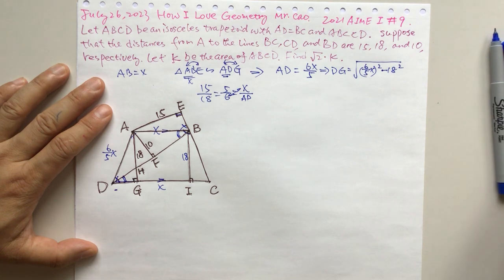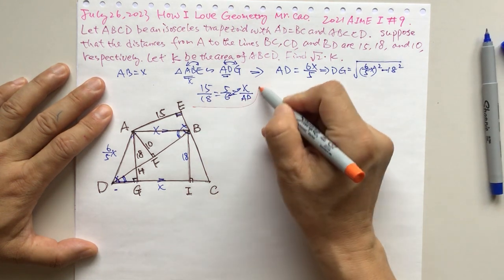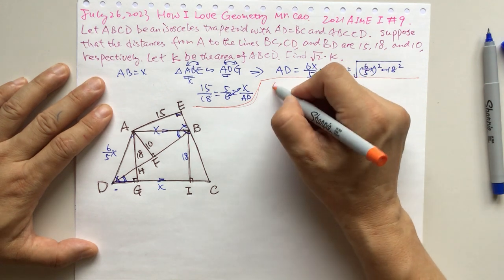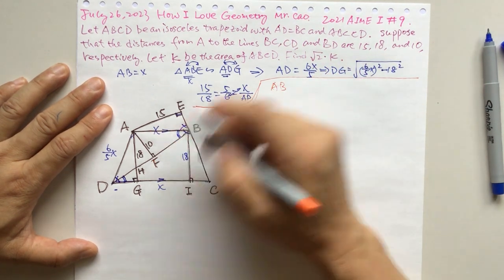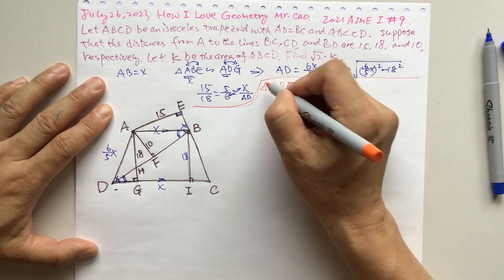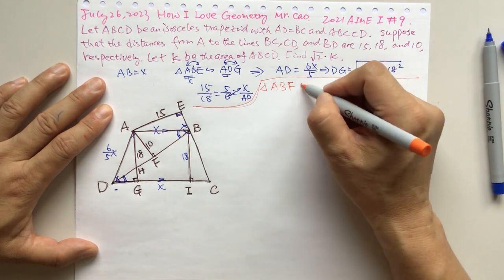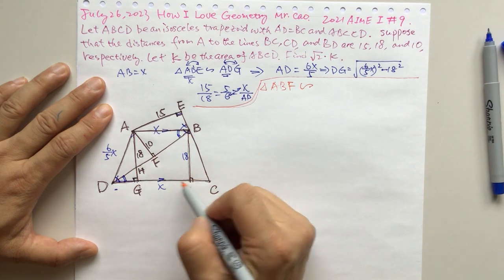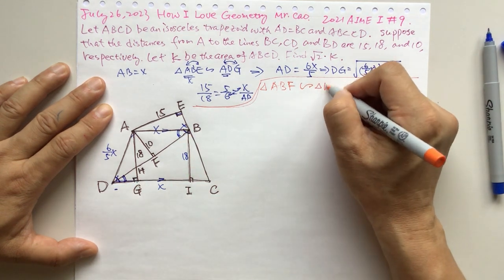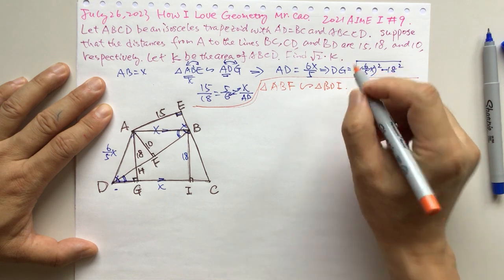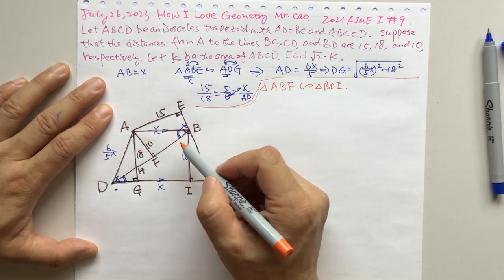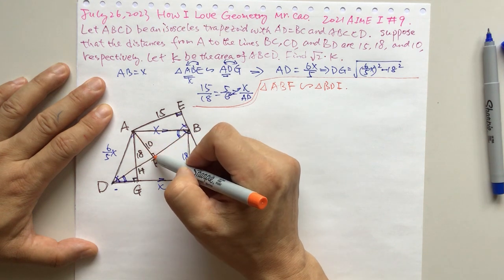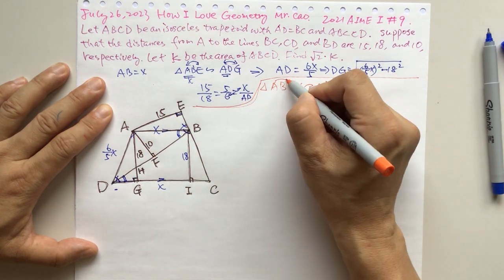We will use triangle ABF, which is similar to triangle BDI. We want to use this 10, AF, right?